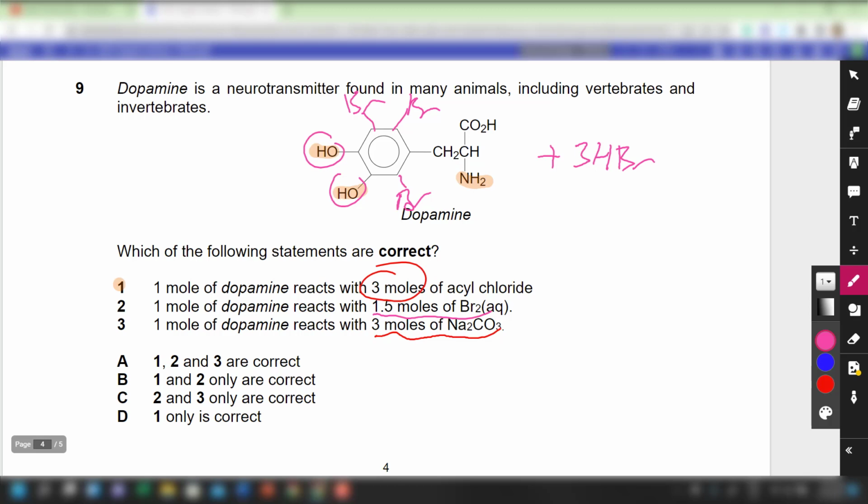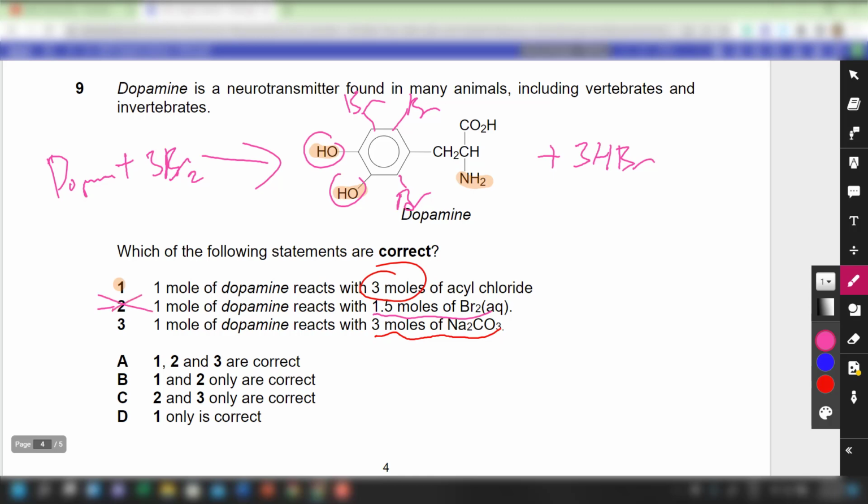So therefore dopamine will react with 3 equivalents of bromine to give 3 substituted Br on the phenyl ring of dopamine, as well as 3 HBr as a byproduct. So therefore option 2 is incorrect.